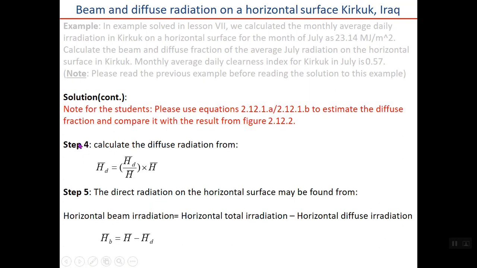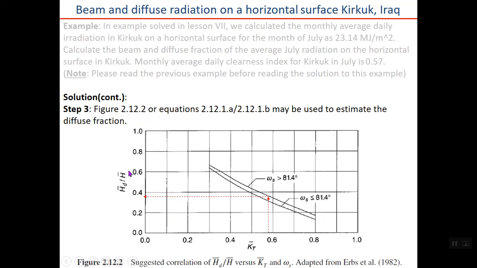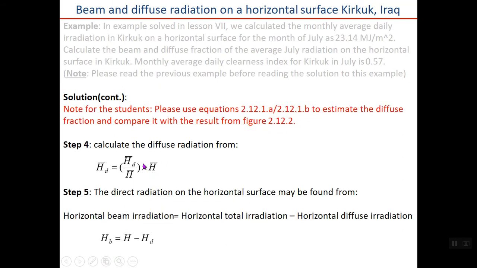Next step, calculate the diffuse radiation from this equation. The value in parentheses you can find from the curve, which was maybe 0.37, and this is 23.14, which is the total radiation from the previous example. So you can find the monthly average daily diffuse radiation in Kirkuk in the month of July.